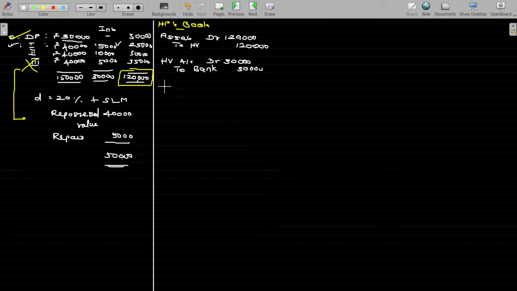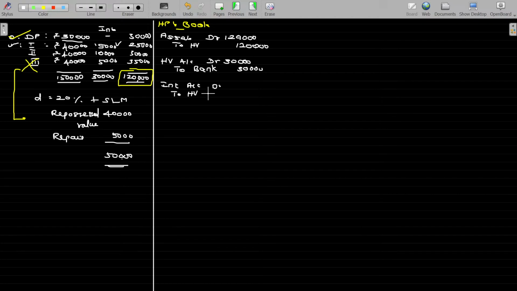சேர்ந்தது இல்லையா, அதுக்கான entry interest account debit to the party, to hire vendor. Payment ஆகல, pending account. Interest account debit to outstanding interest. Outstanding interest is a representative personal account, represents the party to whom we have to pay. Here, that interest is payable to the hire vendor.